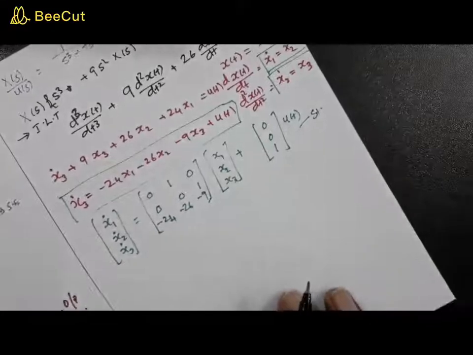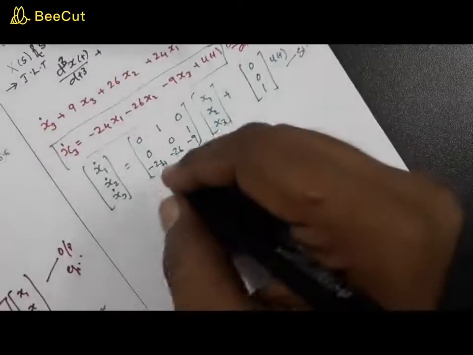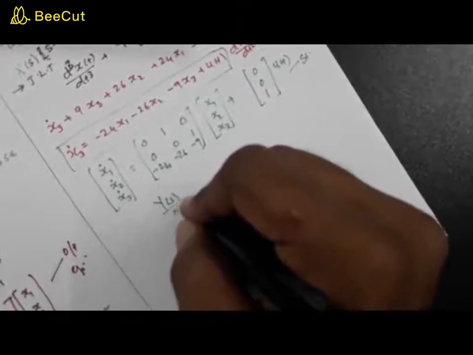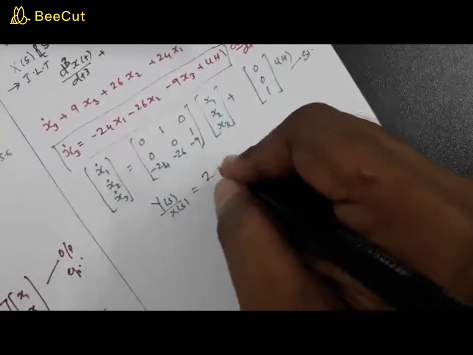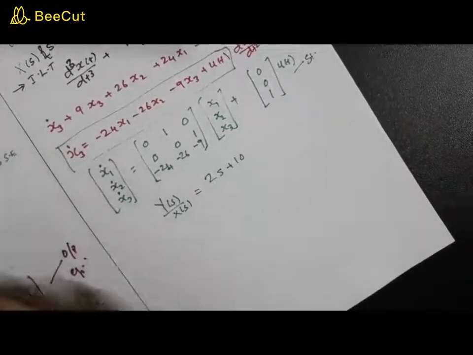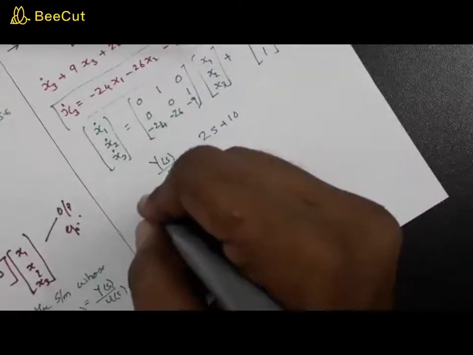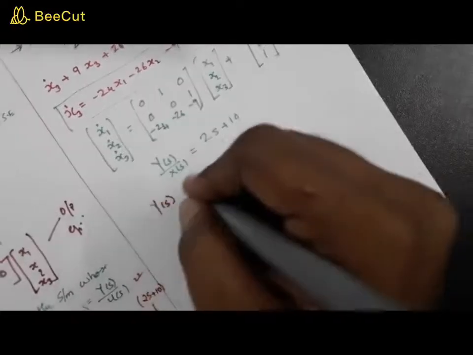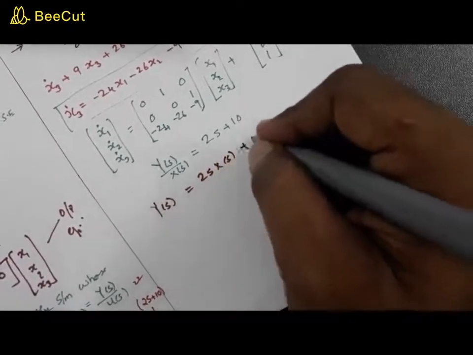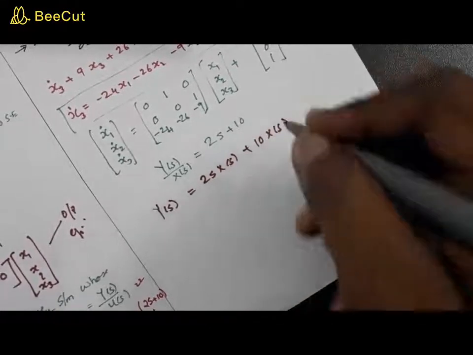Now, how will you get the output equation? The output equation you will get from Y(s) to X(s) is equal to 2s plus 10. Now cross multiplying that, Y(s) is equal to 2s into X(s) plus 10 into X(s).